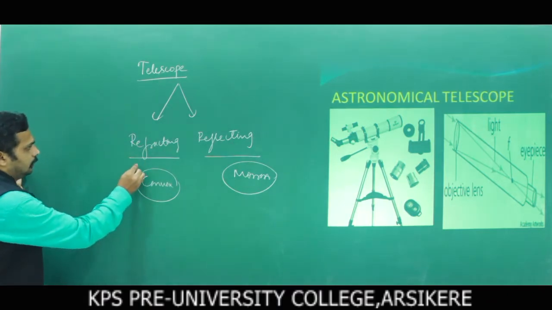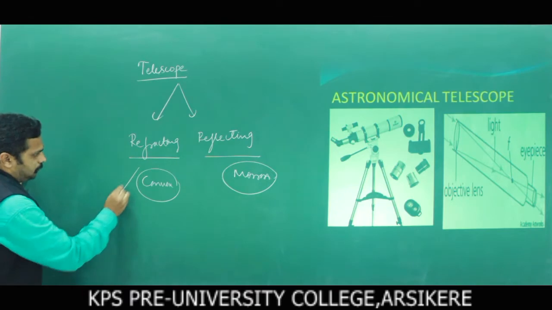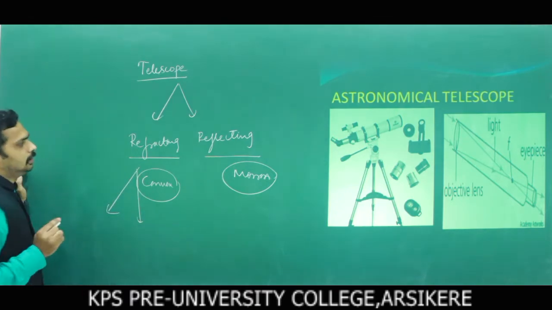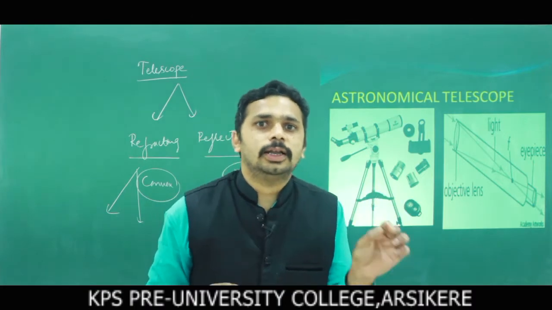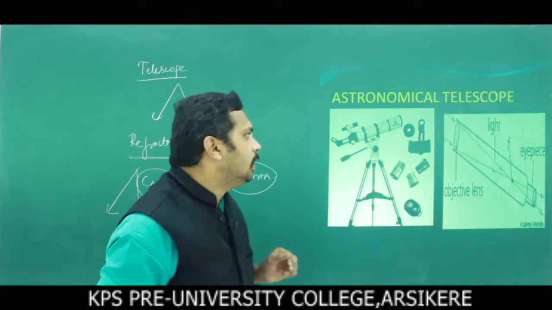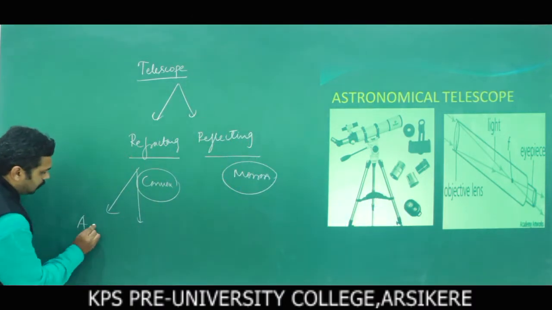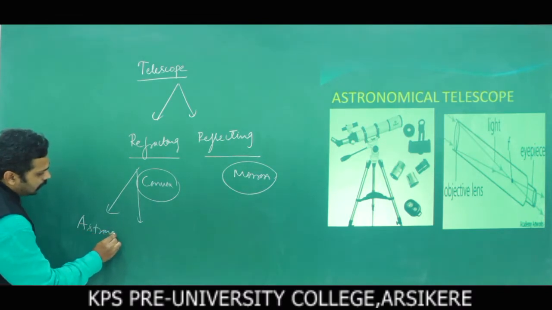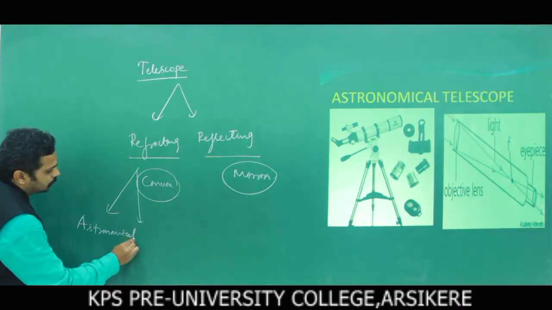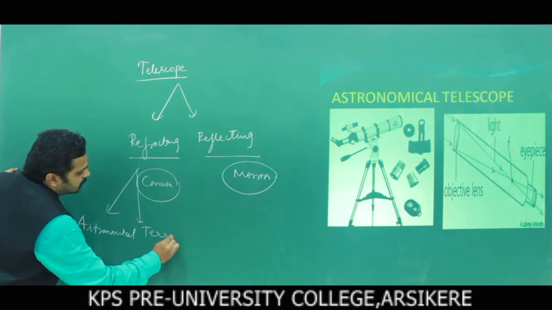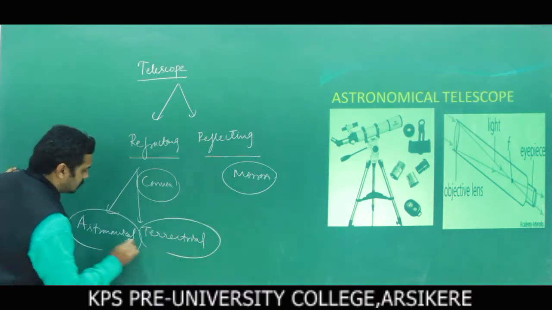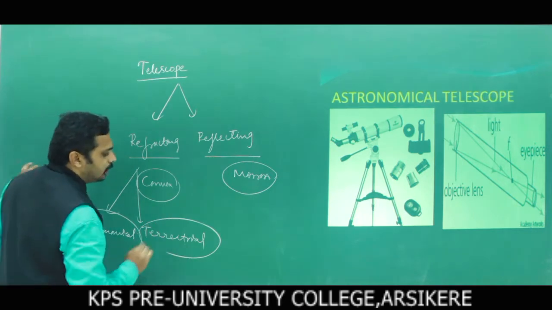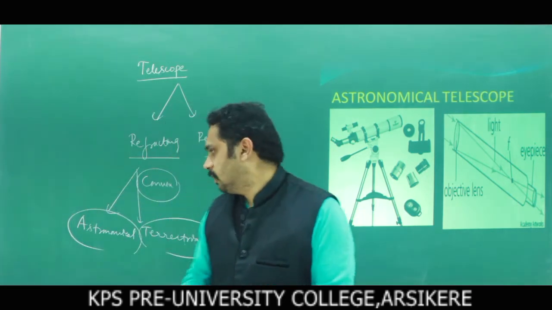Once again, refracting telescopes are of two types: astronomical telescope and terrestrial telescope. What is an astronomical telescope and what is a terrestrial telescope?